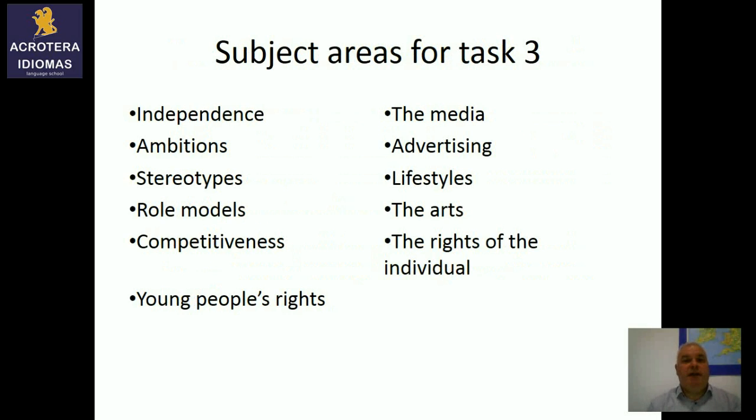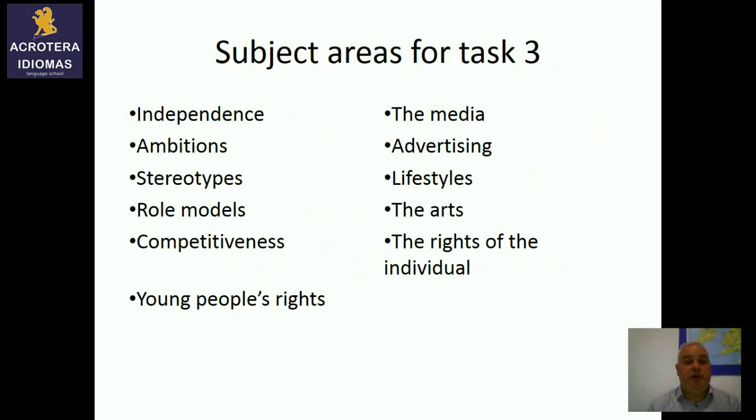The subject areas for the conversation that the examiner may wish to talk to the candidate about could be independence, ambitions, stereotypes, role models, competitiveness, young people's rights, the media, advertising, lifestyles, the arts, or the rights of the individual.